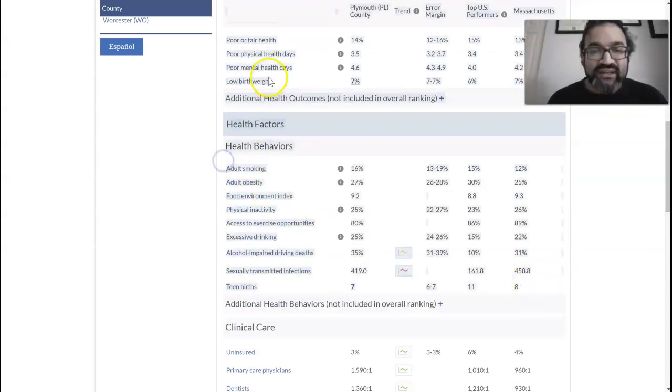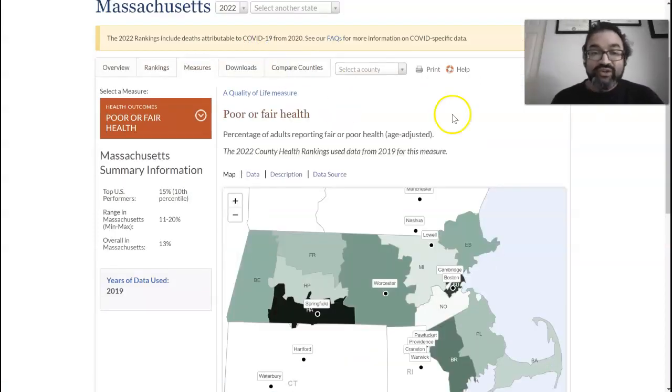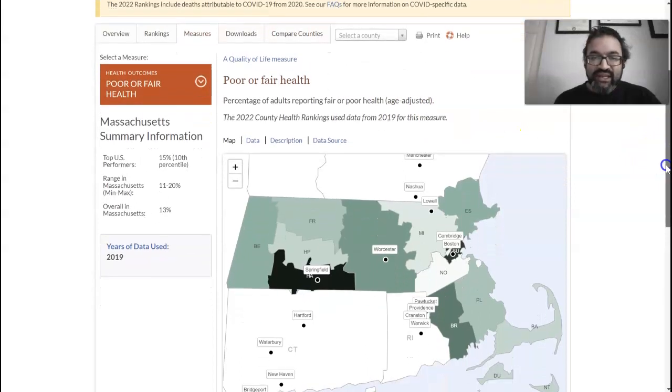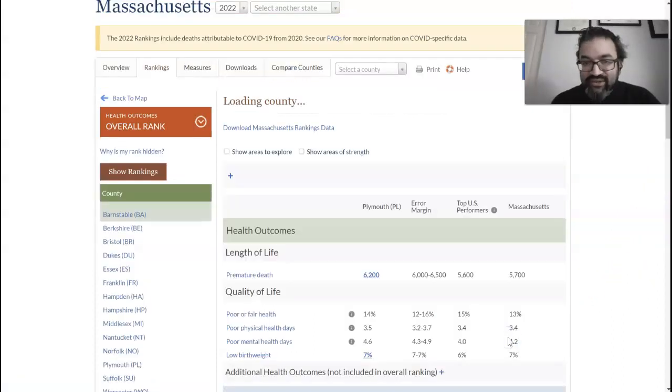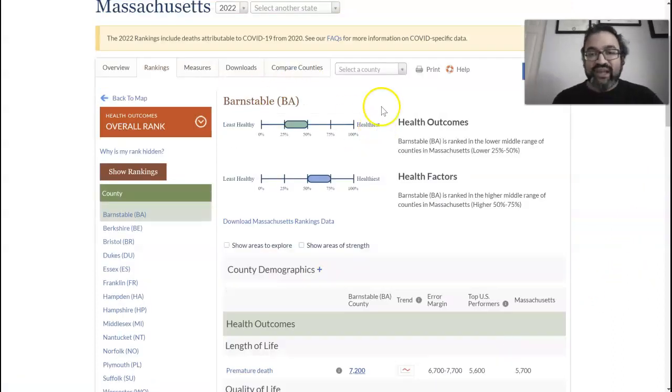You can just go in and click on something and take a look at, for example, fair or poor health. You can look at the color and compare this to the rest of the state. Massachusetts is interesting to look at because there are not too many different counties here. So you can take a look at Barnstable County and then compare.